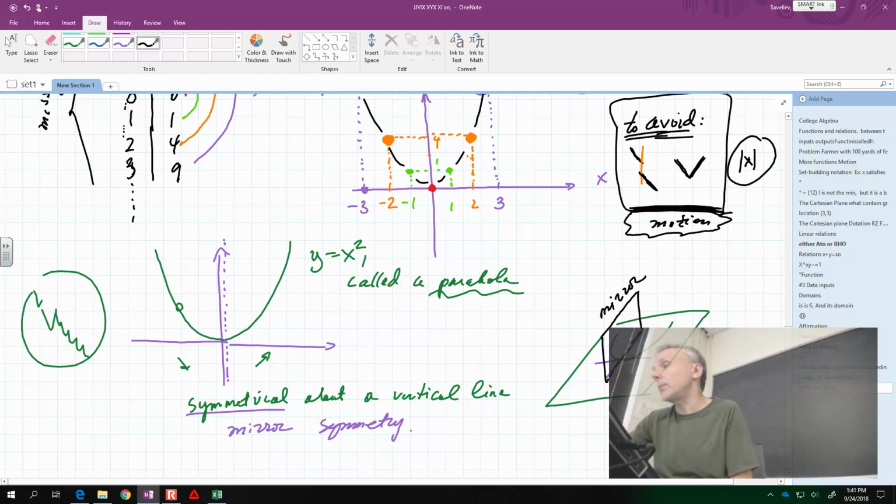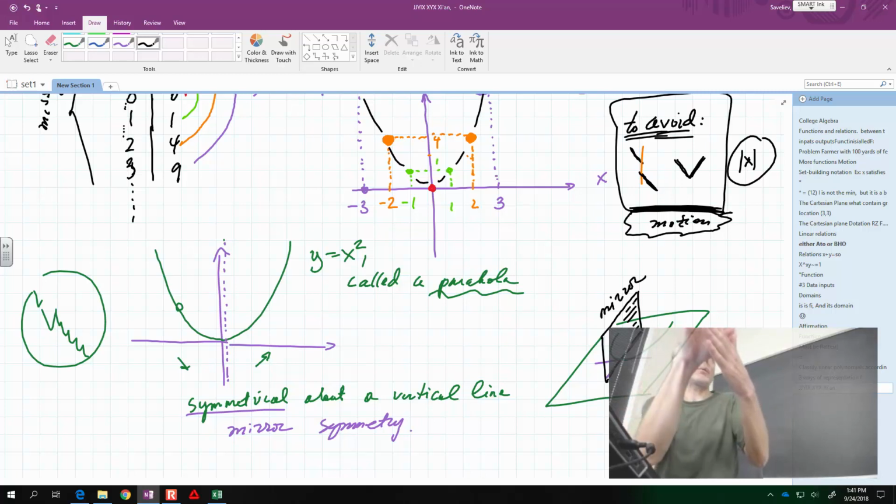If I look at the mirror, what do I see? The point is, it looks the same. I'm looking at it, and it looks exactly the same. I cannot see through the mirror, but if I look at it, I see the right branch reflected in the mirror, and it's as if I'm seeing through the mirror and seeing the left branch.